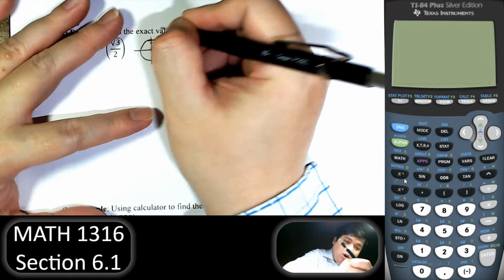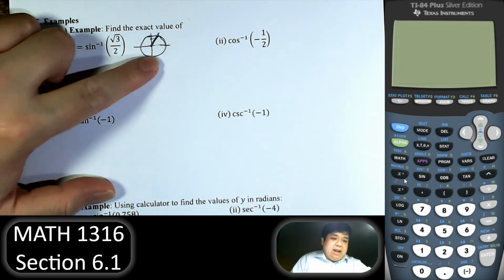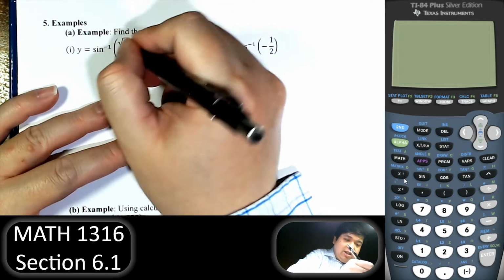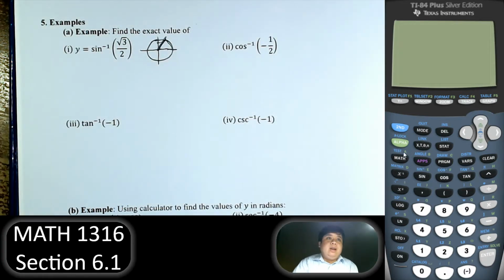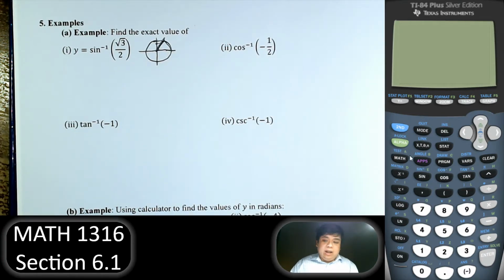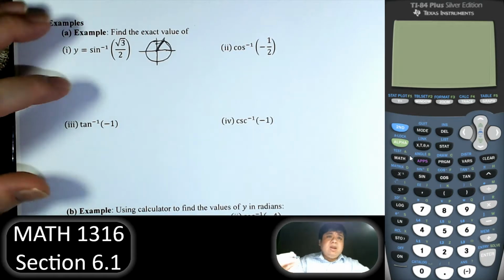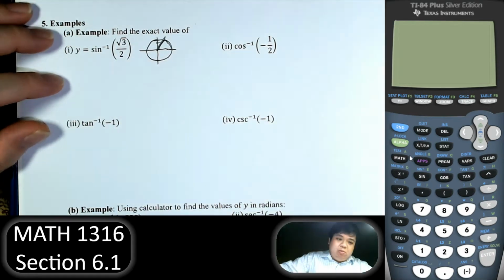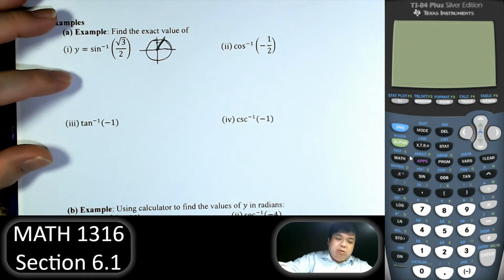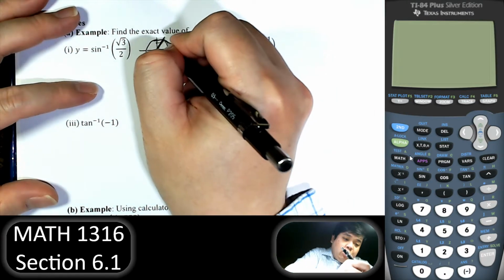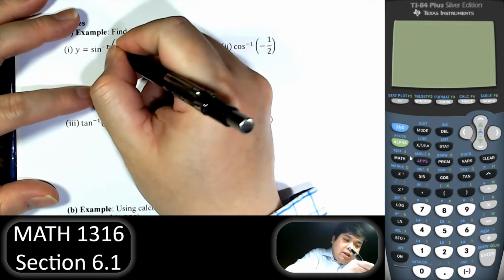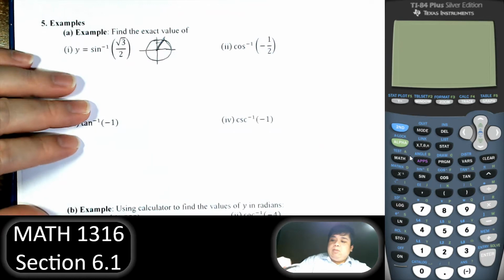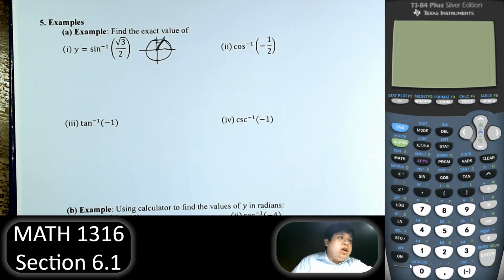So this should be in quadrant 1, and that will correspond to 60 degrees, because sine of 60 degrees is equal to square root of 3 over 2. By definition, we can check the sine on both sides, but we have to be very careful with that. The answer should be in quadrant 1 and quadrant 4 for sine inverse. Now, it's actually easier if we use the calculator.